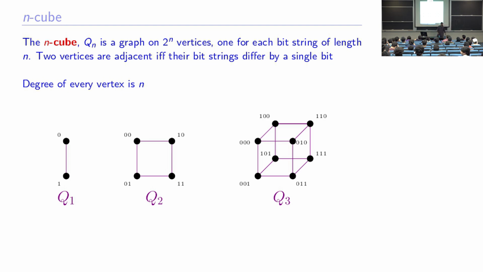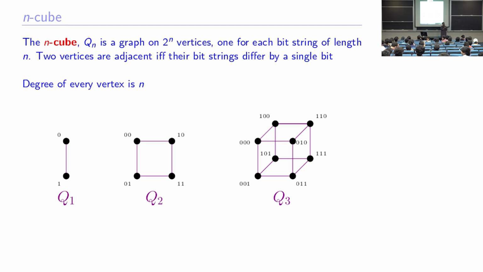Q2 will have 2 to the 2 vertices corresponding to 00, 01, 10 and 11. Two nodes will be adjacent if the corresponding bit strings differ in exactly one bit. So is 00 adjacent to 11? No. Why not? Because they differ by the first bit and the second bit.